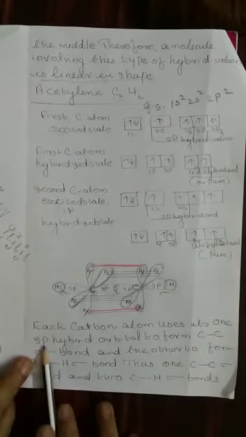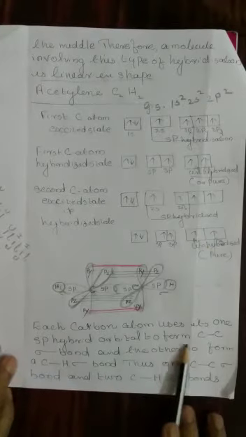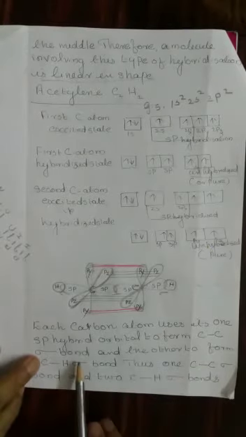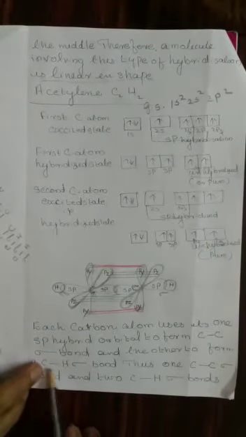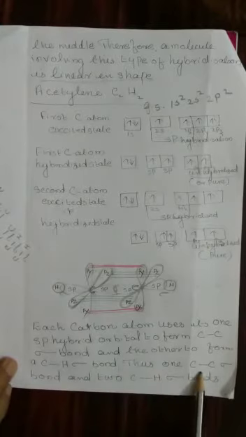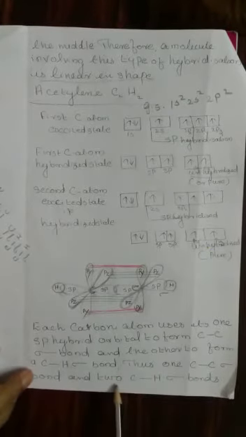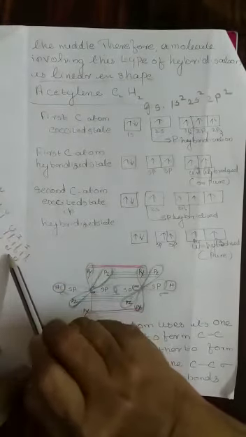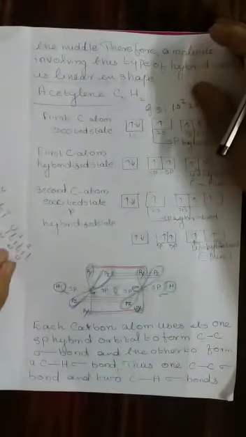Now let us summarize. Each carbon atom uses one sp hybrid orbital to form a carbon-carbon sigma bond and the other to form a carbon-hydrogen sigma bond. Thus, one carbon-carbon sigma bond and two carbon-hydrogen sigma bonds.